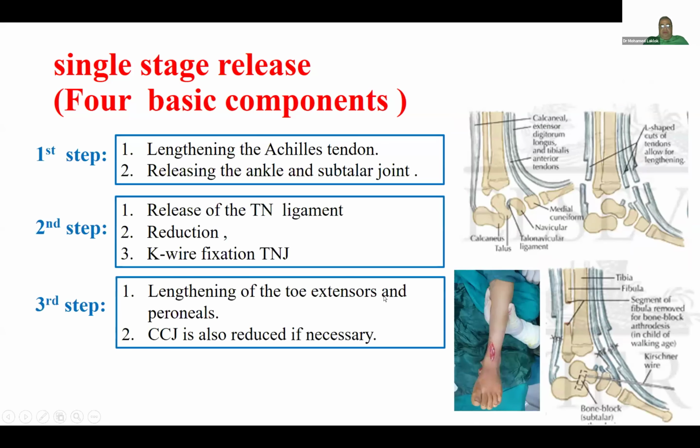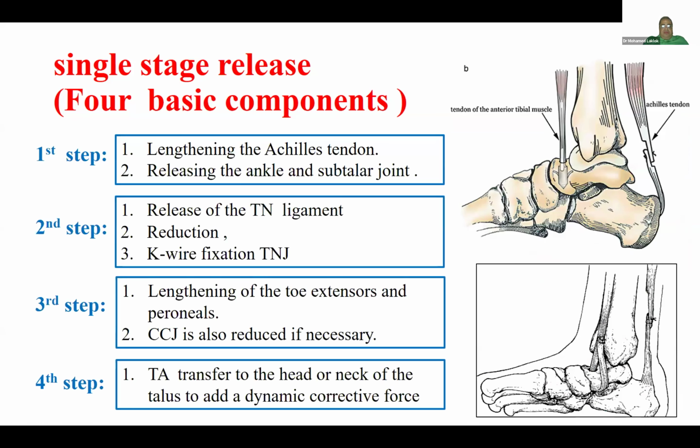Third step, lengthening of the 2 extensors and peroneals, and the calcaneocuboid joint is also reduced if necessary. Fourth step, tibialis anterior tendon transfer to the head or neck of the talus, either by doing perforation through the head or neck or by using an anchor.